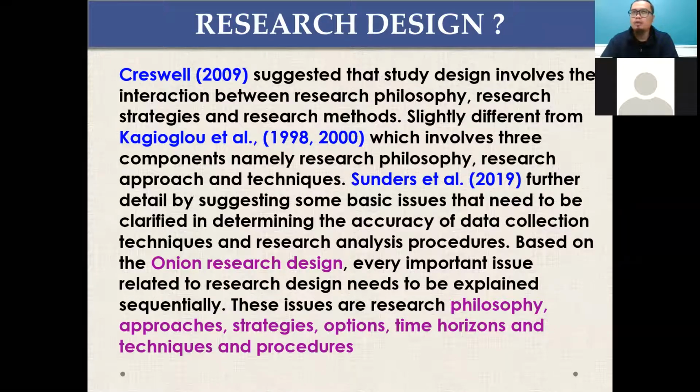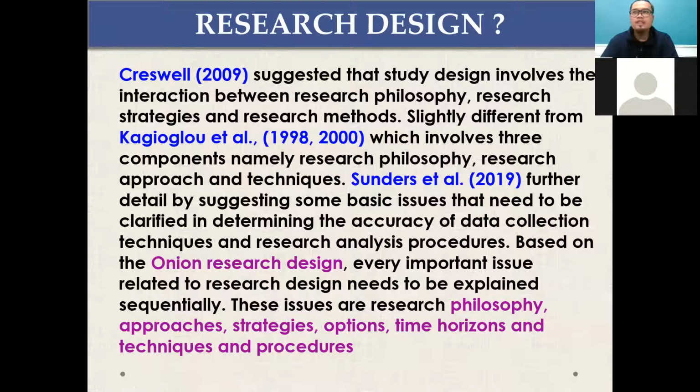Research strategies: if you are studying quantitative, maybe you use experiment or survey. What are the research strategies for qualitative research? Action research, case study, phenomenology, grounded theory, narrative inquiry, and what else? Ethnography. We have a lot of research strategies in qualitative. For research method, you can start with the mono method.